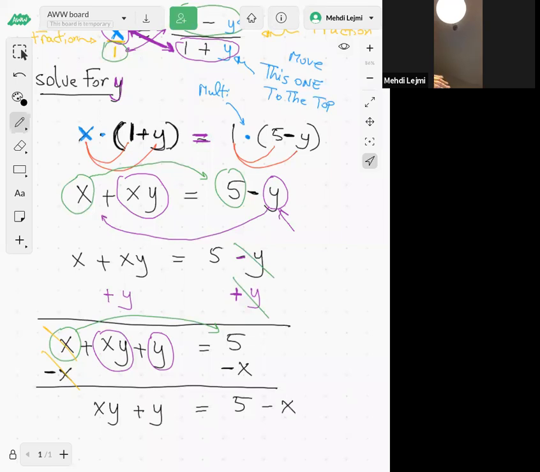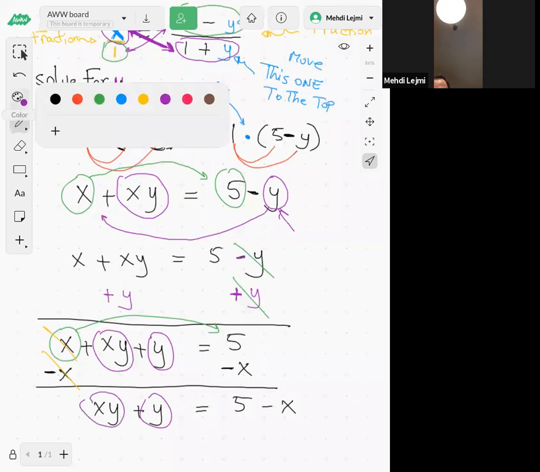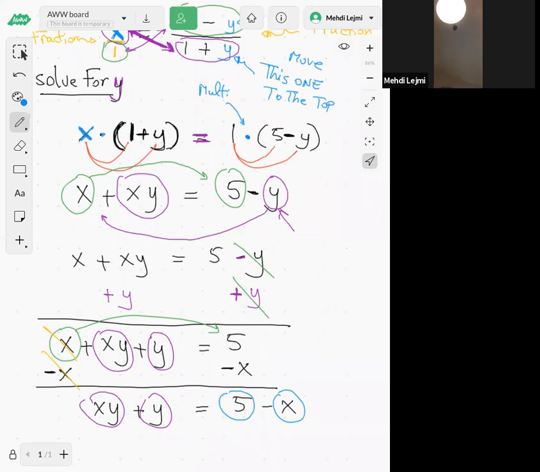Right now I'm happy because I have all the y's on the left side, and everything else without y on the right side. This is 5 here, this is an x in here, there's no y here, right? And because now I have all the y's on the same side, the y is now a common factor.